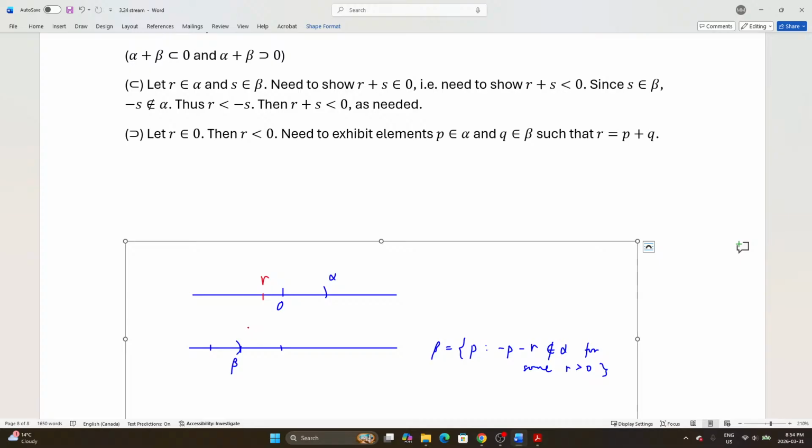How do I construct elements in alpha and beta? I need a P and a Q so that they add to a negative number. If P plus Q is negative, and P is in alpha, that means Q is less than minus P. So let's say Q is somewhere here, P has got to be here. Based on this scale, they add up to something negative. So that's what I want.